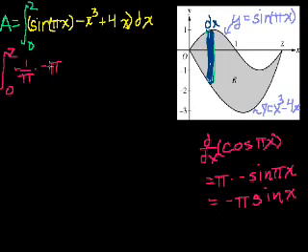All I did, when you evaluate this, it equals 1, so I can do this, times sine of pi x, and then that's minus x to the third plus 4x, and then all of that times the width dx.